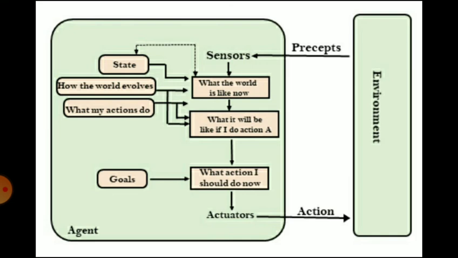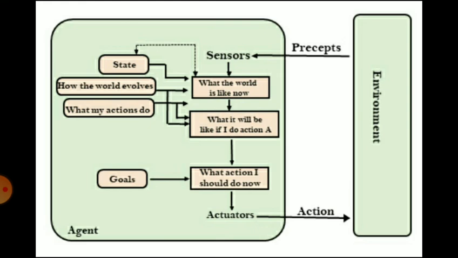Then one more block is added here. What it will be like if I do action A, means one more element is added, the extra element for searching and planning to achieve the goal. So it will search and plan the decision according to the current scenario and the past history.